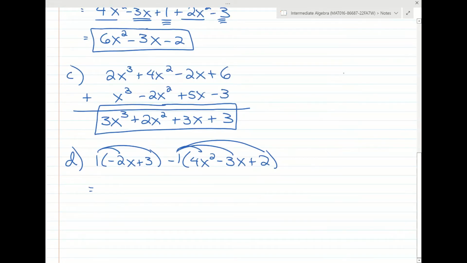And we just get negative 2x plus 3 minus 4x squared plus 3x minus 2.